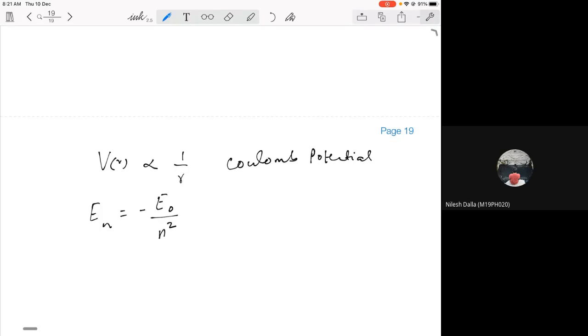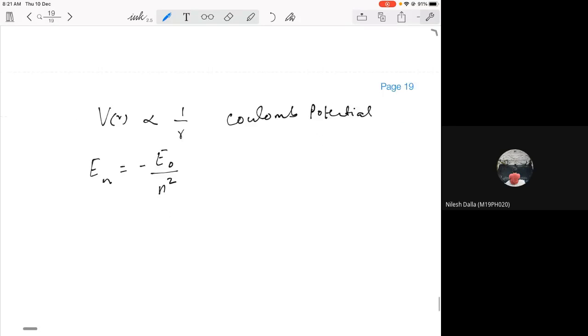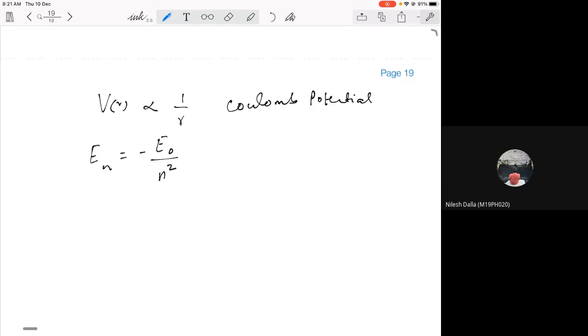There is a minus sign, right? This is the 1/n squared dependence, where n will be equal to 1, 2, 3, and so on.